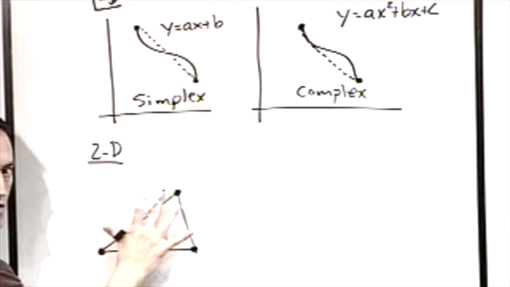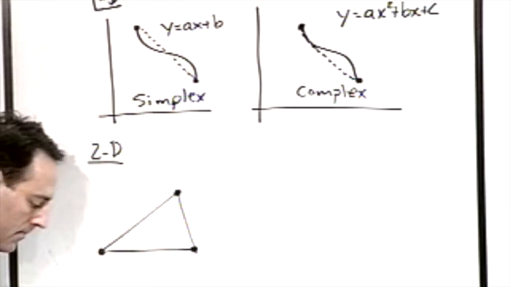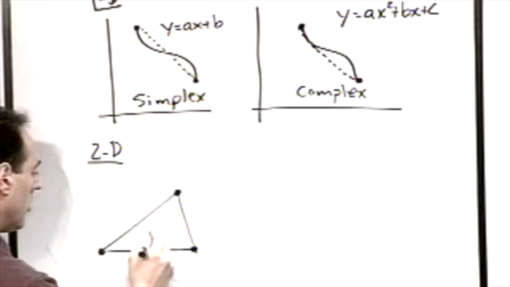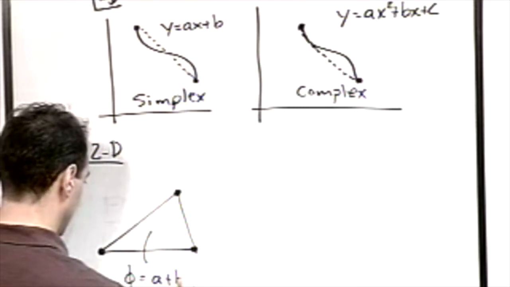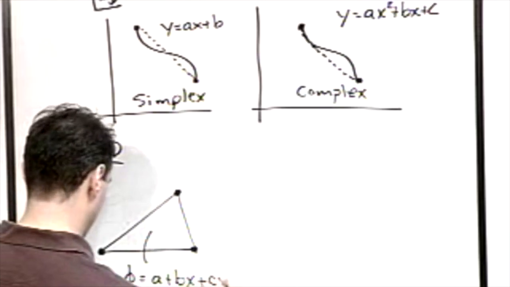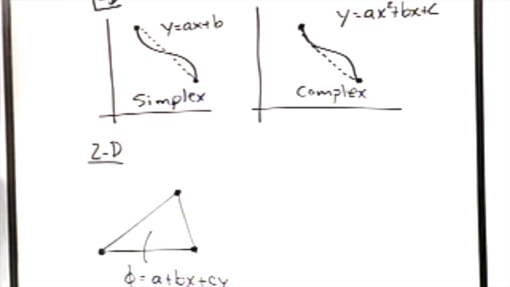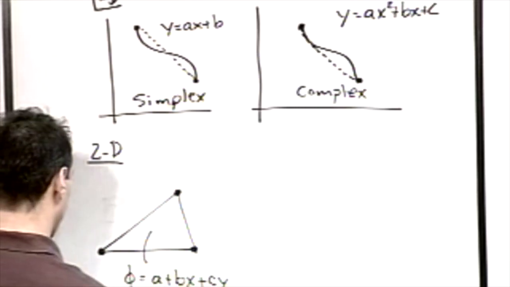Right? So you have these 3 points. There's a plane that goes between them. And in the simplex method, you assume your solution is linear. But now you need A, B, and C to define that plane. Okay? So this is simplex.